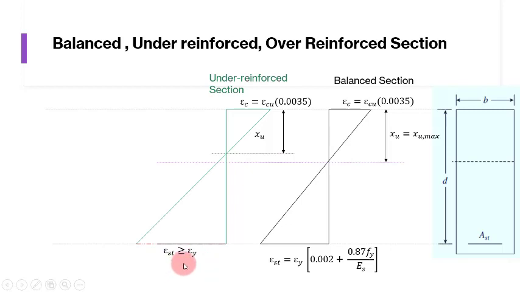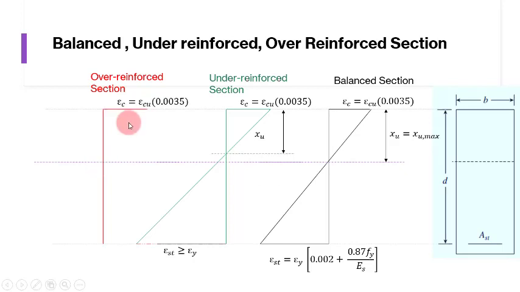This process will continue until the maximum strain in concrete reaches the ultimate compressive strain of concrete, epsilon cu, which results in the crushing of concrete in the limited compression zone. Over-reinforced section. An over-reinforced section is one in which the area of tension steel is such that at the ultimate limit state, the ultimate compressive strain in concrete is reached.